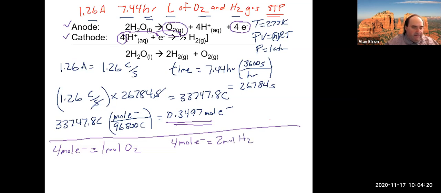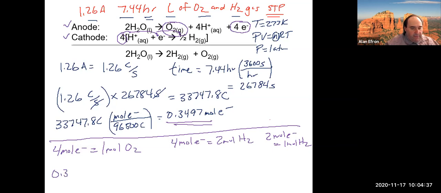Again, 4 times a half is 2. That's the same as for every 2 moles of electrons, there's 1 mole of H2. So you can do either one. They obviously will come out the same. We're going to use these stoichiometry relationships to figure out the moles of each of the gases.